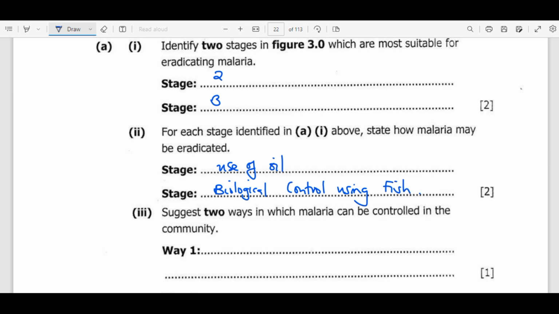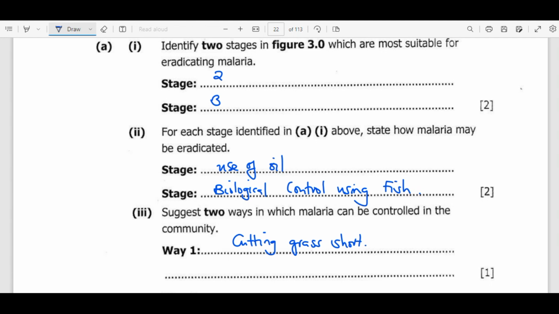And then suggest 2 ways in which malaria can be controlled in a community. Malaria can be controlled, number one, by cutting grass short. Why? Because that can be a breeding site for mosquitoes.